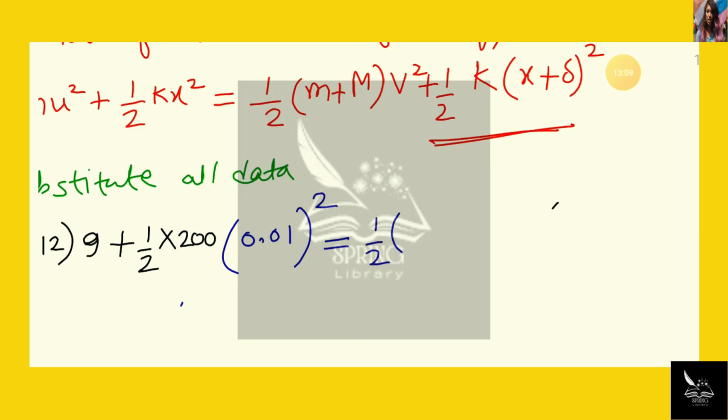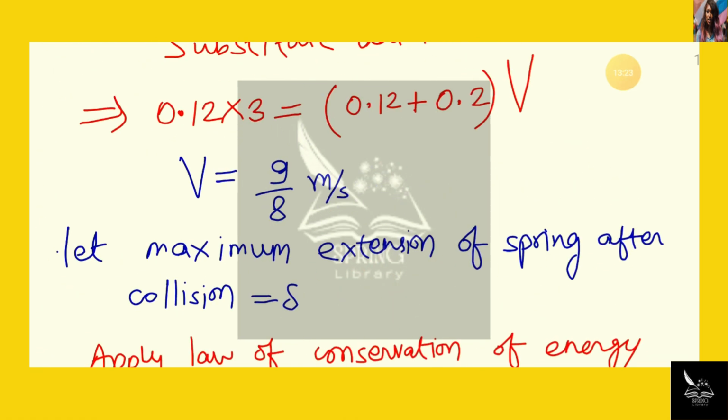equal to half small m (small m plus capital M), that is 0.12 plus 0.2, v square, where I got v in the above step as 9 over 8.